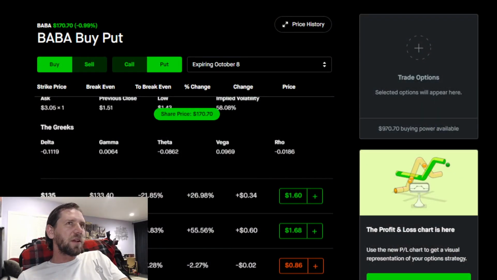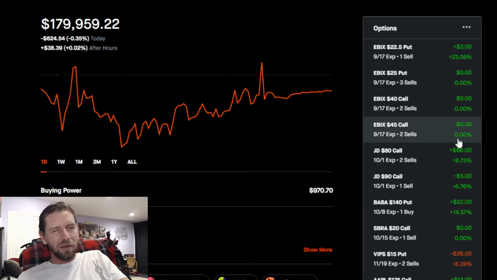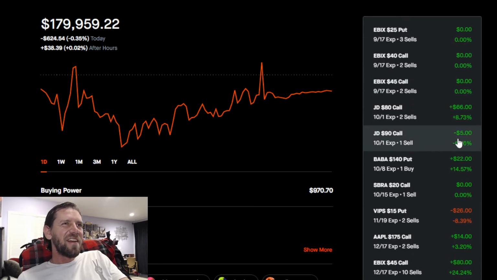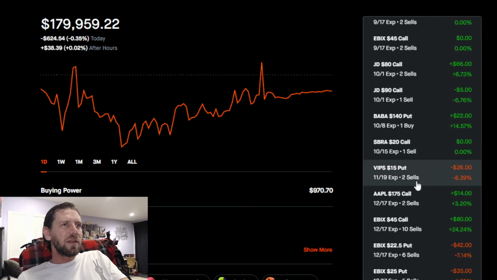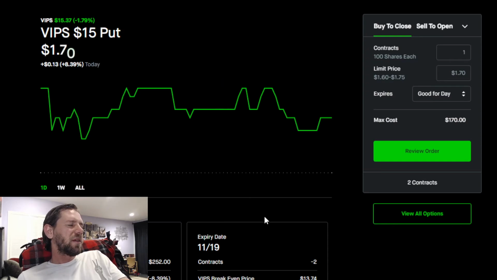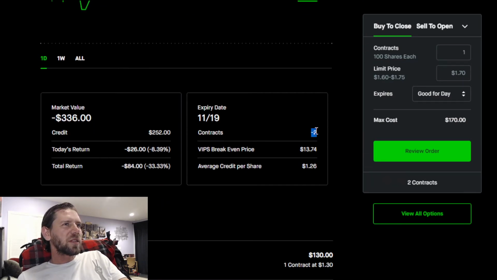Let's look at another one that I'm actually winning from instead of this depressing $8 loss per day. How about selling a put on VIPS, on Vipshop? So I've sold a couple of puts. You can see that it says -2 over here, contracts -2.